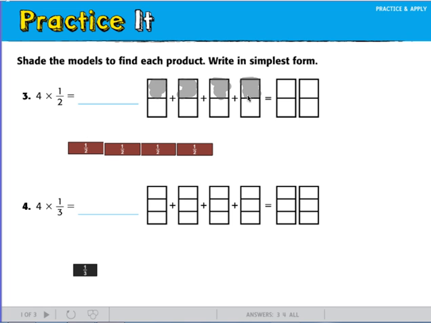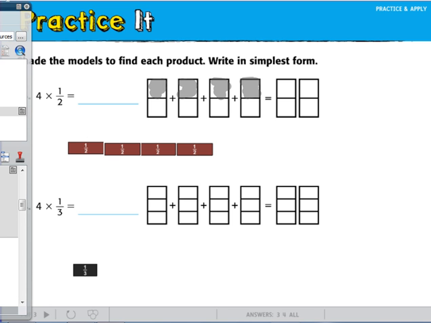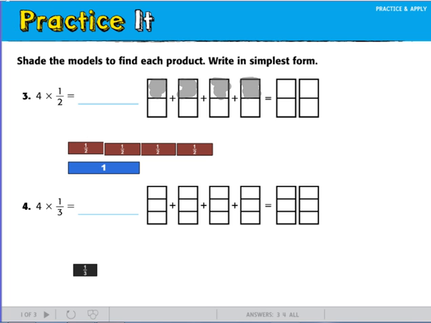With your fraction tiles, you should notice that the 4 halves will equal 2 wholes.